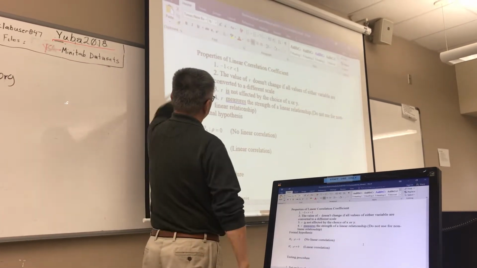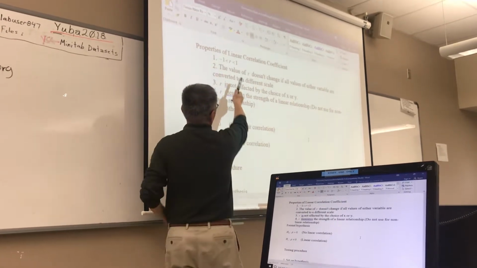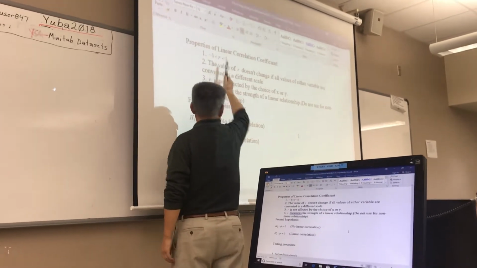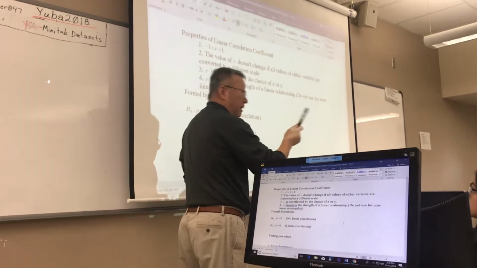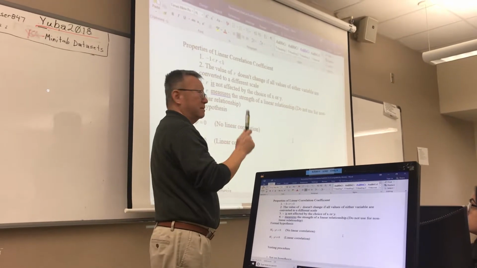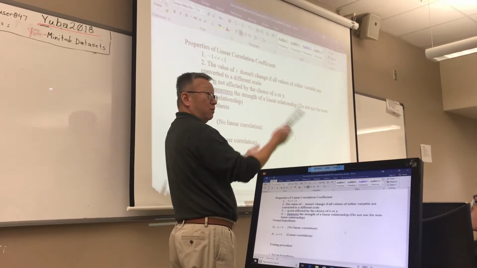But here are the properties of the linear coefficient. As I mentioned, your coefficient must be between -1 and 1. As you get close to 1 or close to negative 1, strong correlation. As r gets close to 0, weak correlation, maybe no correlation at all.